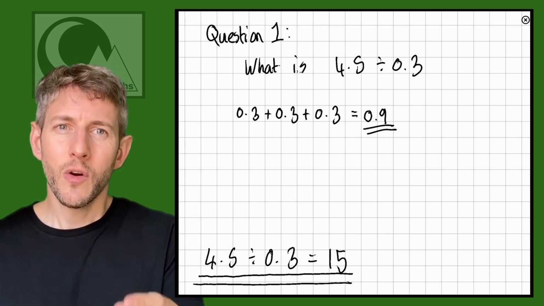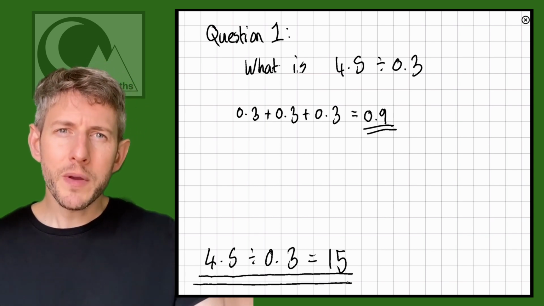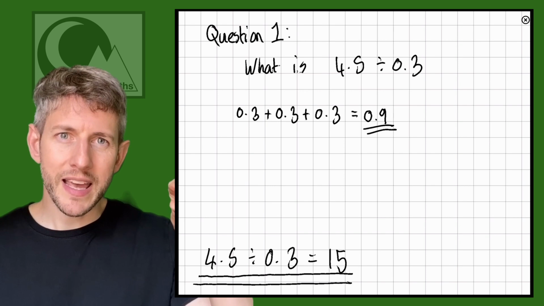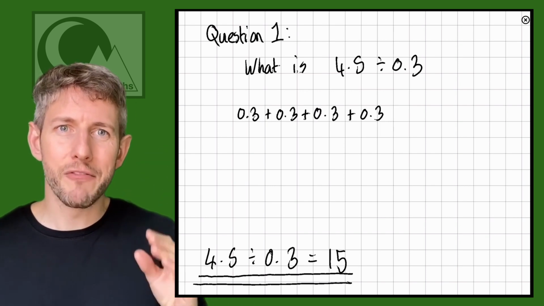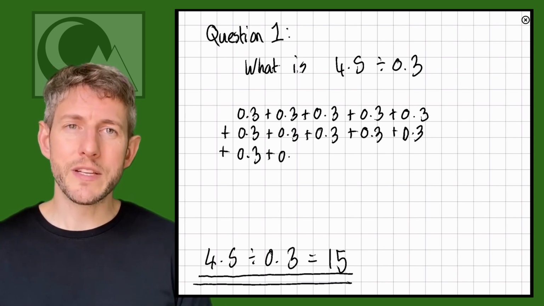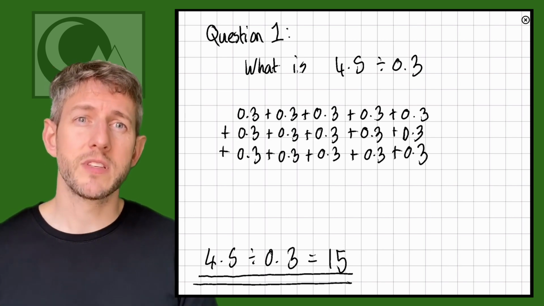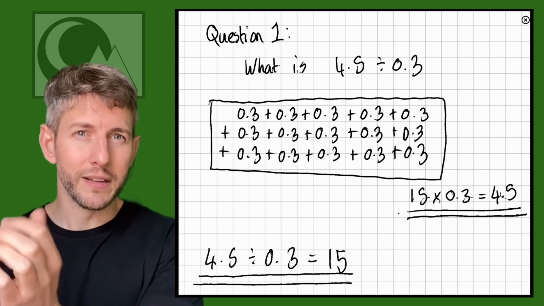So we have 4.5 here, and we've got 0.3, but you can get 3 0.3s into one whole. So that means we're actually going to have more than 4.5 at the end of it, because we're dividing it into smaller numbers. So we're looking at how many of something really small fits into something bigger.